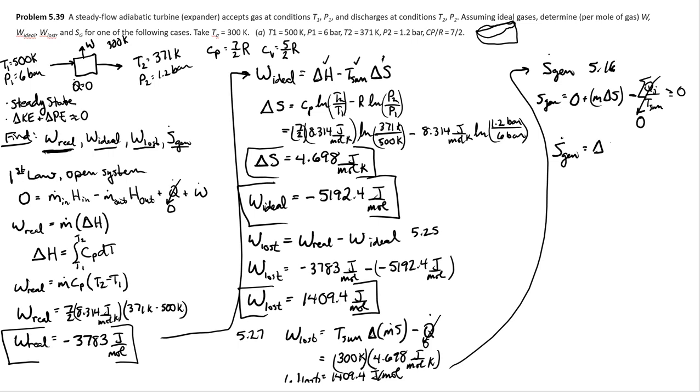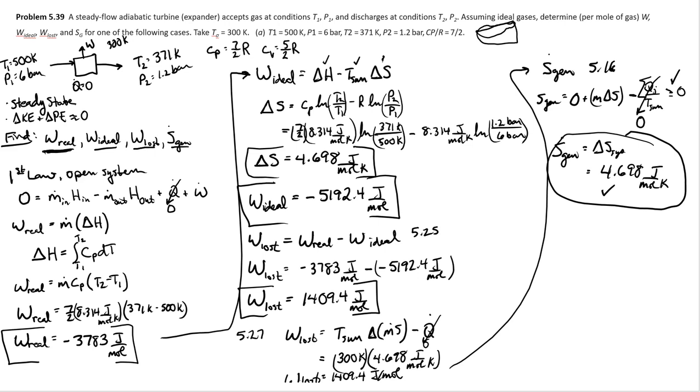So that's delta S of our system in this case, which we just calculated at 4.698 joules per mole Kelvin.